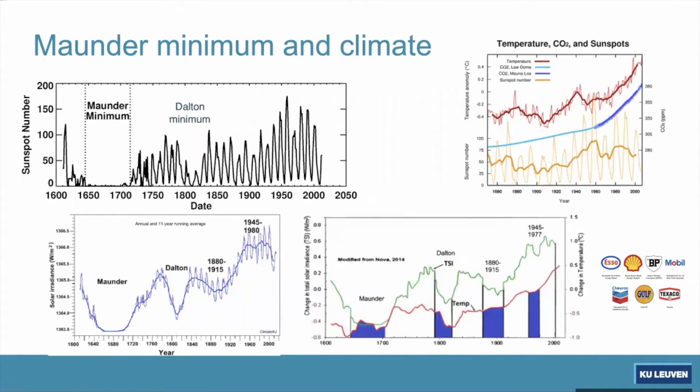Okay, so here is kind of a summary of all the data with this Maunder minimum and the temperatures. And here I put the company that is sponsoring the research to disprove human impact on the weather. But it's a very controversial issue. We will have a class about this later in April or May, where we are going to discuss the relative influence of humans and the sun in this business.